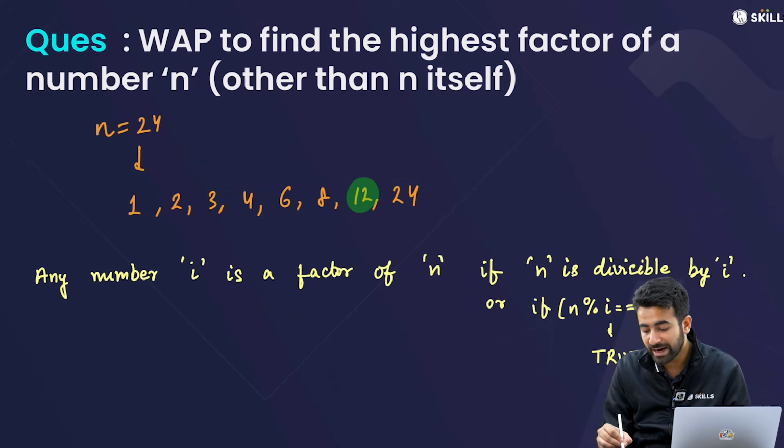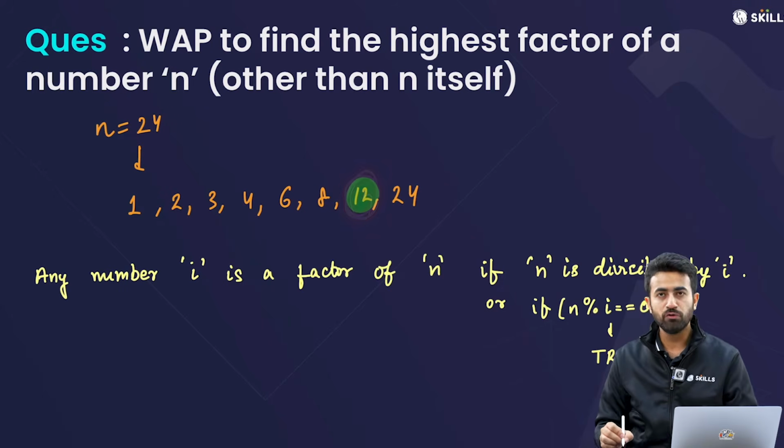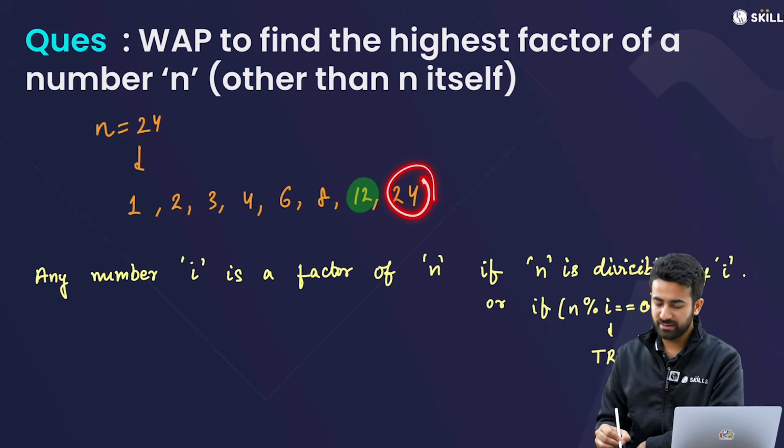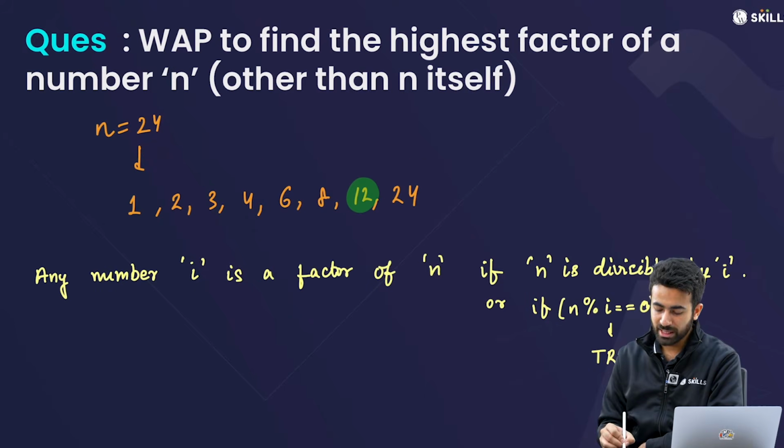Whenever I find a factor, I do not want more. For example, I'm at 24, so I'm at 23 actually, from 1 to 23. Instead of running the loop 1, okay, it is a factor, 2, 3, 4 up to 23, let's start from 23. Is 23 a factor? No. Is 22 a factor? No. Then 21, 20, and then 12.